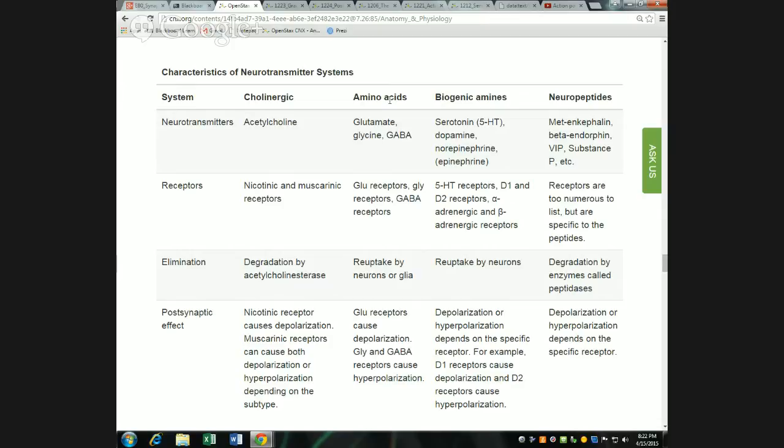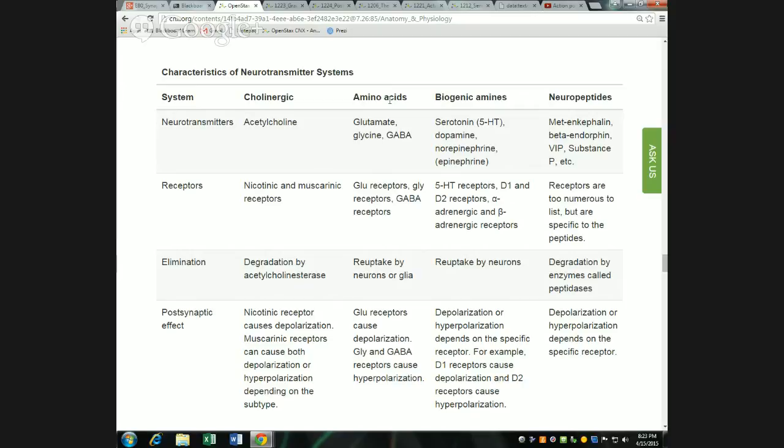Then the next column there is a class of molecule called biogenic amines. And there are three major types of neurotransmitters in there that I want to mention. There's serotonin, dopamine, and norepinephrine/epinephrine. Serotonin belongs to what's called the serotonergic system.